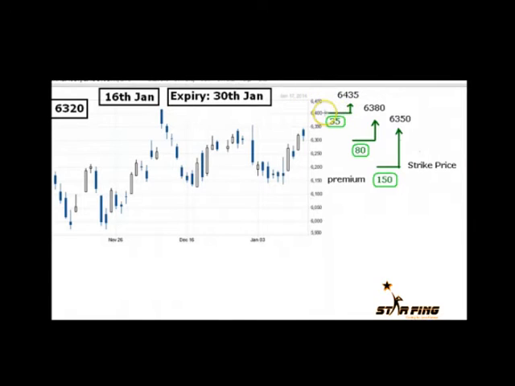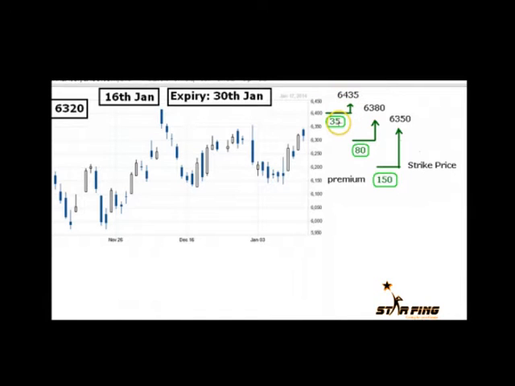And at the same time, the 6400 contract is trading at 35 rupees. As you keep going up, the premium is getting lower and lower, and that is understandable because you cannot expect the markets to touch higher levels. Or if the premium is higher here, I would rather buy the 6200 call.